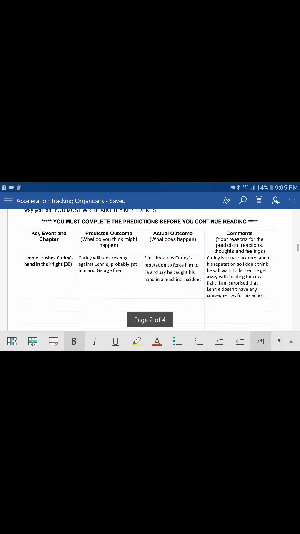So you just briefly describe the event that you're talking about. The next column says predict the outcome. So what do you think might happen? So as a result of the key event, so again in my example, Lenny crushes Curly's hand in a fight. What do you think might happen because of that? So predicted outcome. Well, I think that Curly will seek revenge against Lenny or get him and George fired.